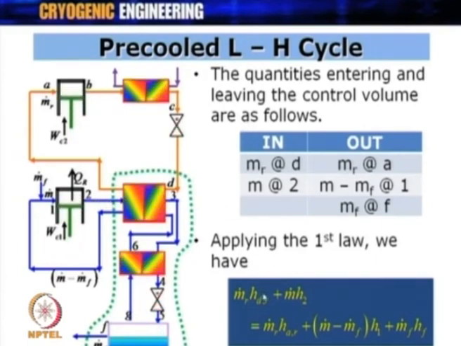Whatever is leaving is m dot r h a r at this point, m dot minus m dot f at h 1 at this point, and m dot f h f at this point. So, the energy which is coming in is equal to the energy which is leaving the control volume.